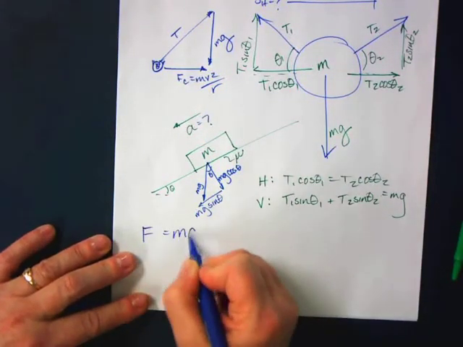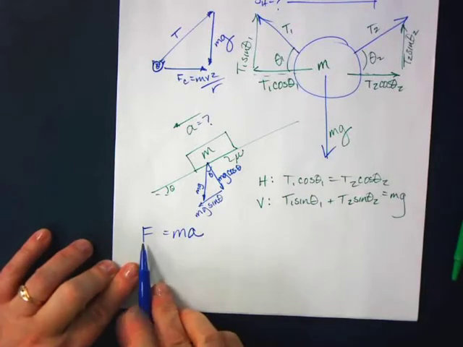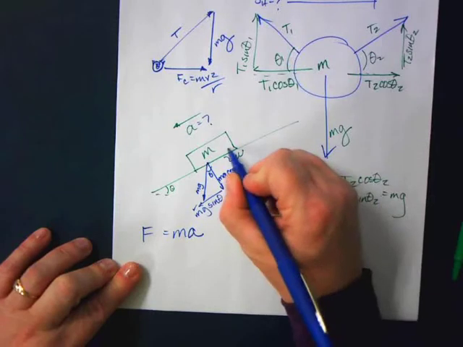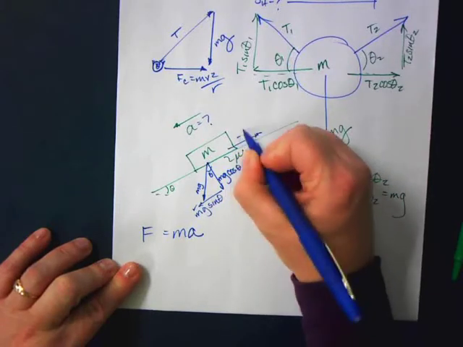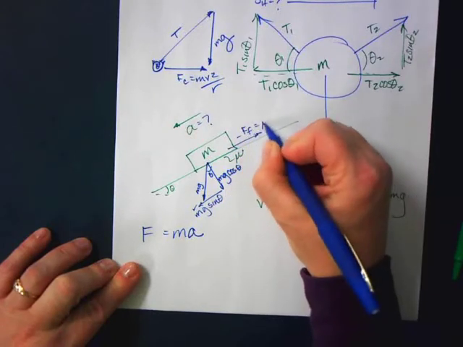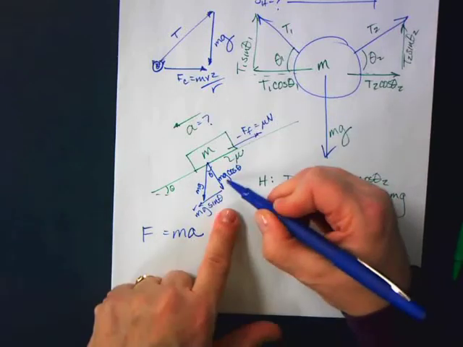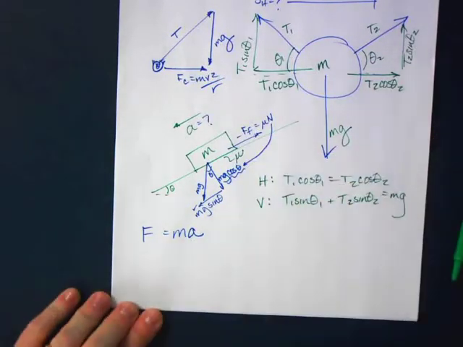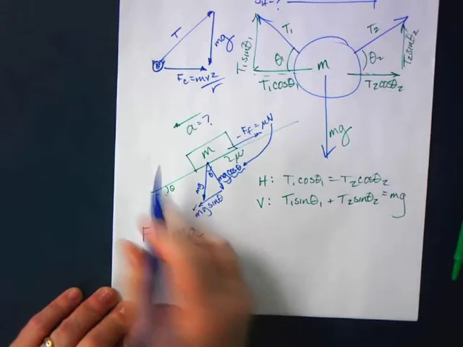So what's the acceleration given all those variables? F equals ma. The forces are gravity trying to slide it down the hill, and friction, of course, being negative, which is mu times the normal.